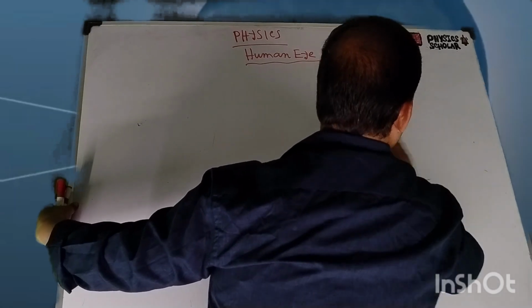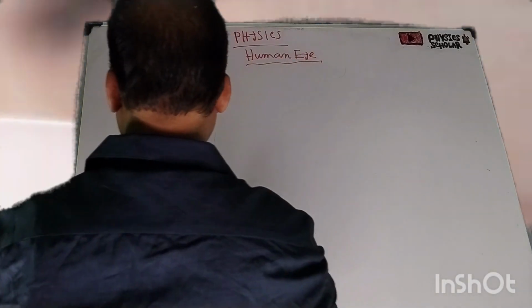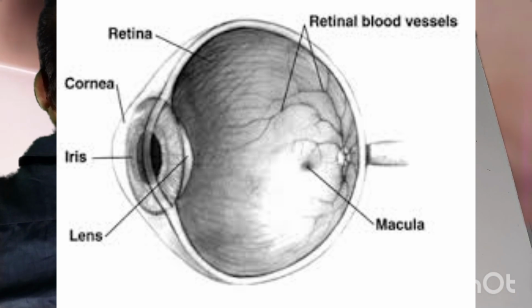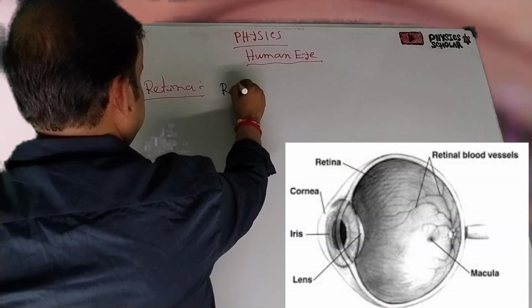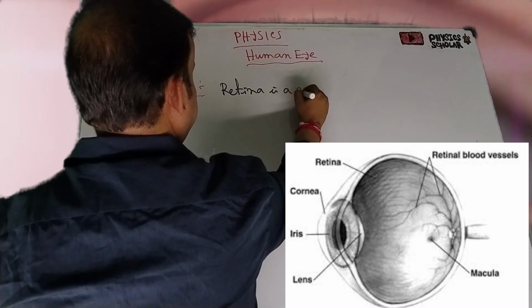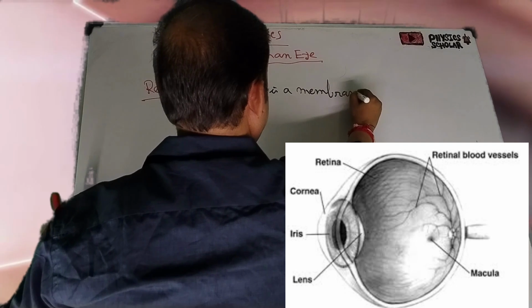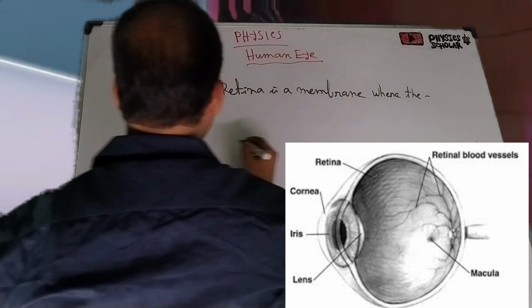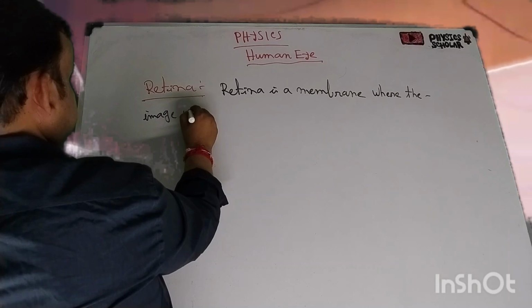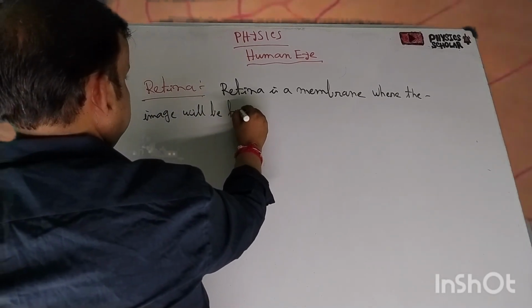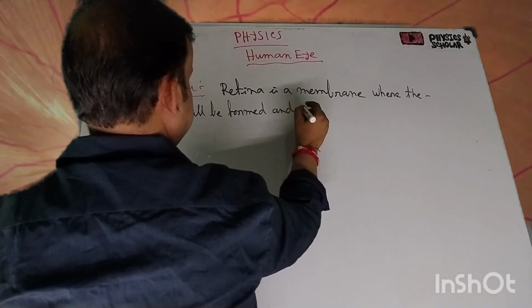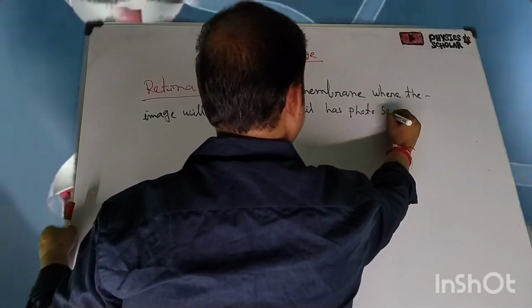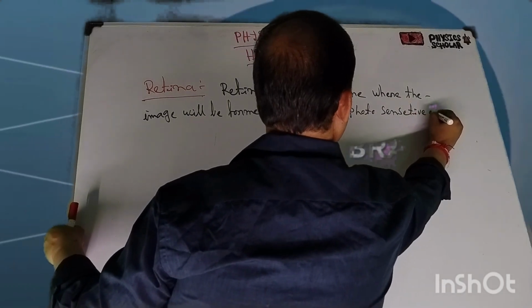So here the main thing is the retina. The retina is a membrane where the image will be formed, and it has photosensitive cells.